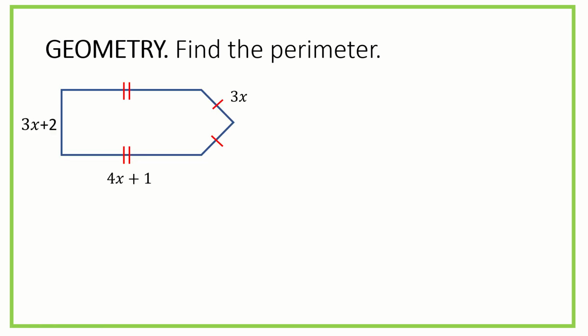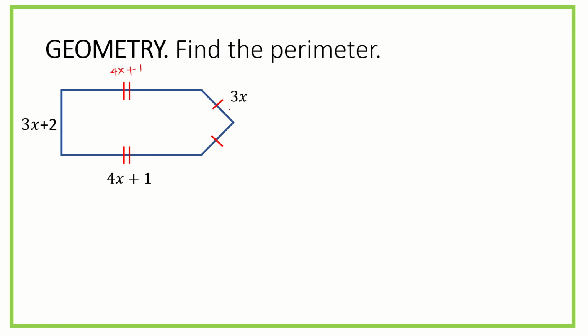Now, how about this figure? So as I mentioned a while ago, those tick marks will tell you the side lengths which are equal in length. So, in other words, if this is 4x plus 1, this is 4x plus 1 as well.